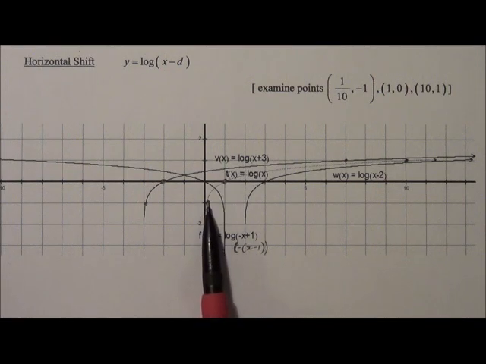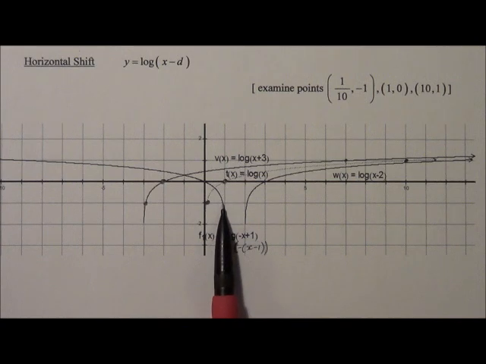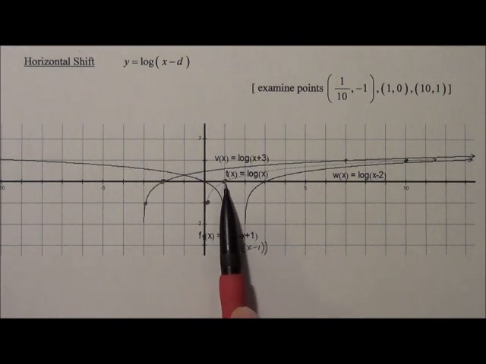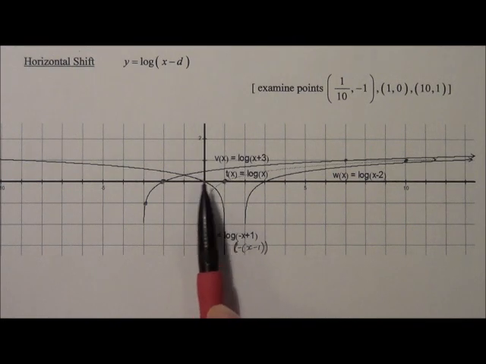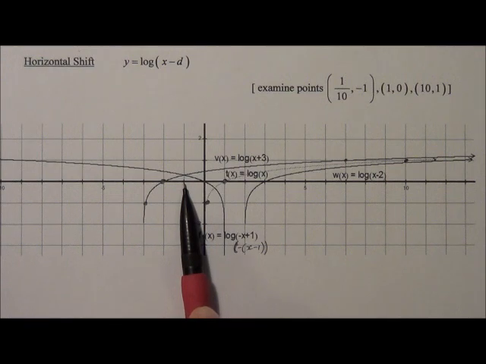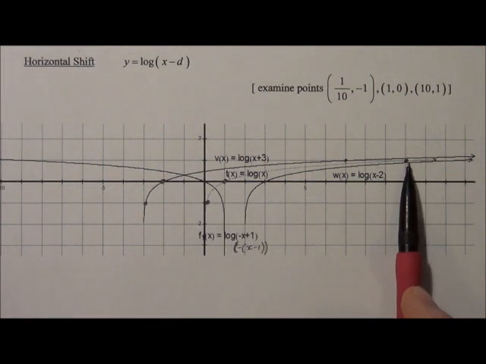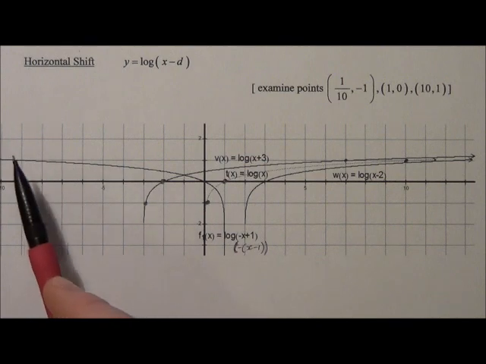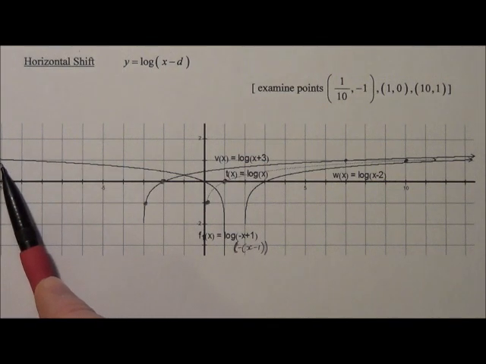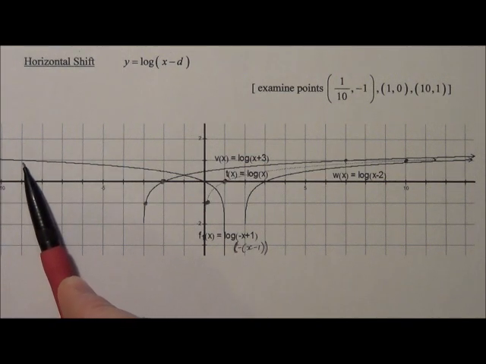So this point of (1/10, -1) would become (-1/10, -1), and then it gets translated to the right, so it becomes (9/10, -1). This point of (1, 0) would become (-1, 0) with the reflection, and then the translation to the right brings it back to the origin (0, 0). And this point, (10, 1), would become (-10, 1), and then with the horizontal translation to the right 1, it becomes (-9, 1).